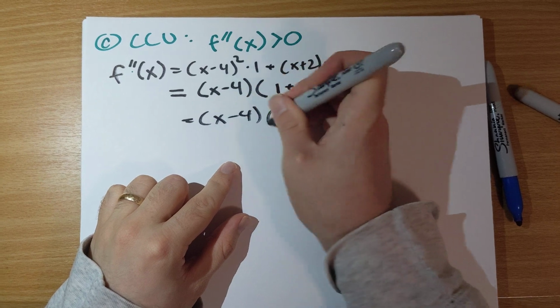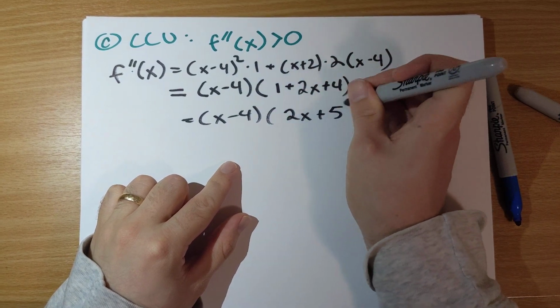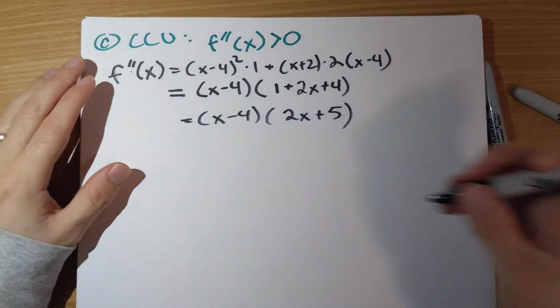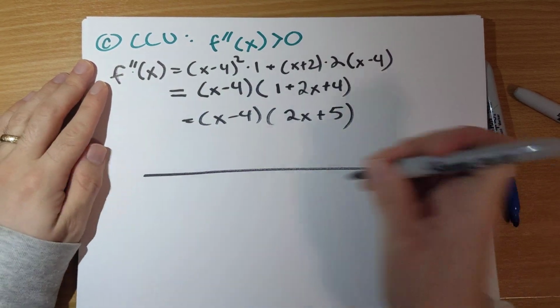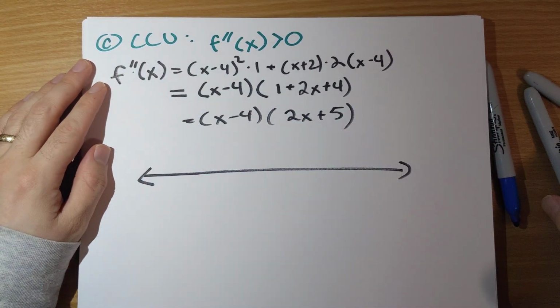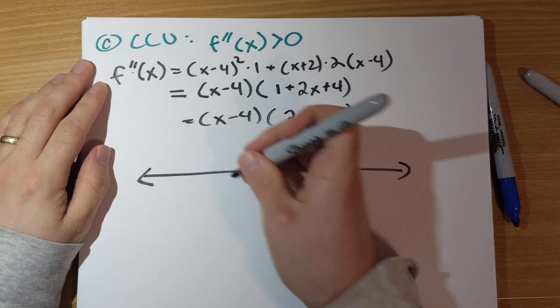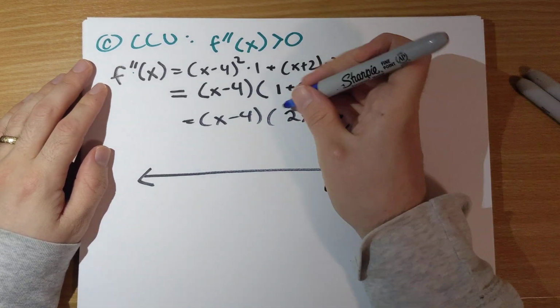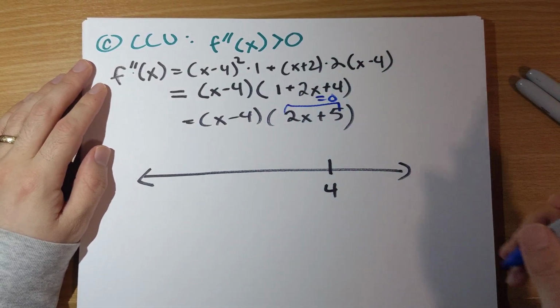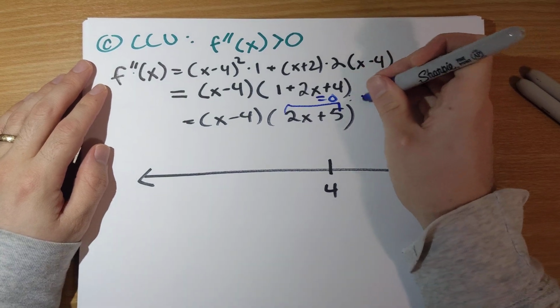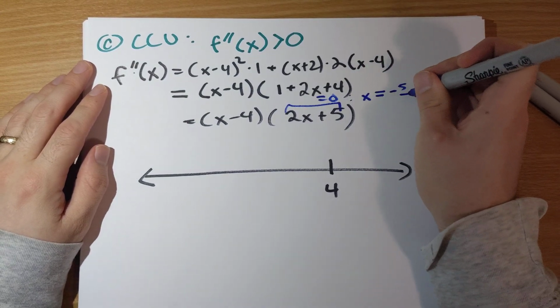So (x minus 4) times (2x plus 5) is f double prime of x. Okay, so here we have two spots we need to look at: 4, and then we set this equal to 0, which should produce x is equal to -5 over 2.